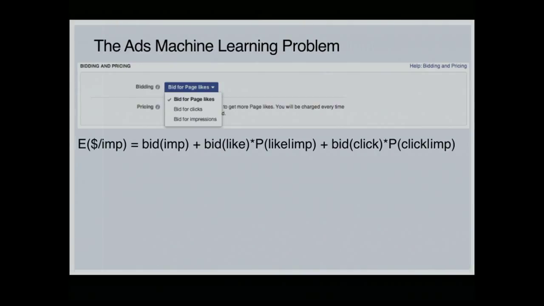That's what it has value for. So there's some value that the advertiser has for a like, and some probability that we think there's going to be a like given an impression. This is basically the same sort of utility function that we were thinking about before, except now instead of those coefficients that we were using, the advertiser is just expressing what its value is for these different events.